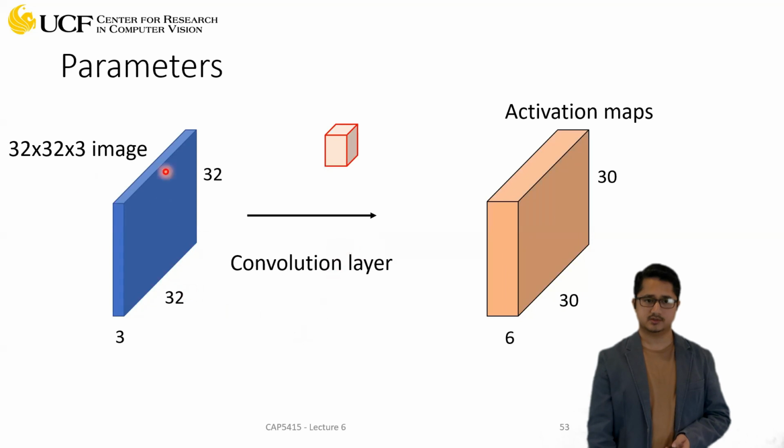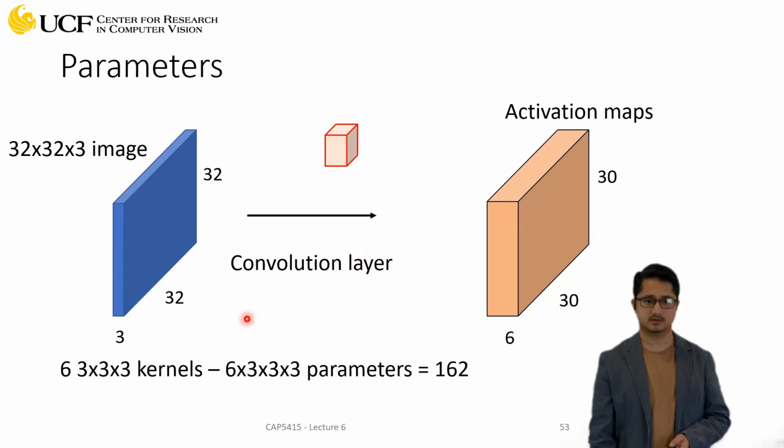Let's say you have this input image and a convolution layer, which is some set of filters. Let's say we are using 6 different kernels or 6 different filters. I will use the terms kernels and filters interchangeably, since we have seen they mean the same thing. So we are using 6 different kernels, and the shape of each kernel is 3 cross 3 cross 3.